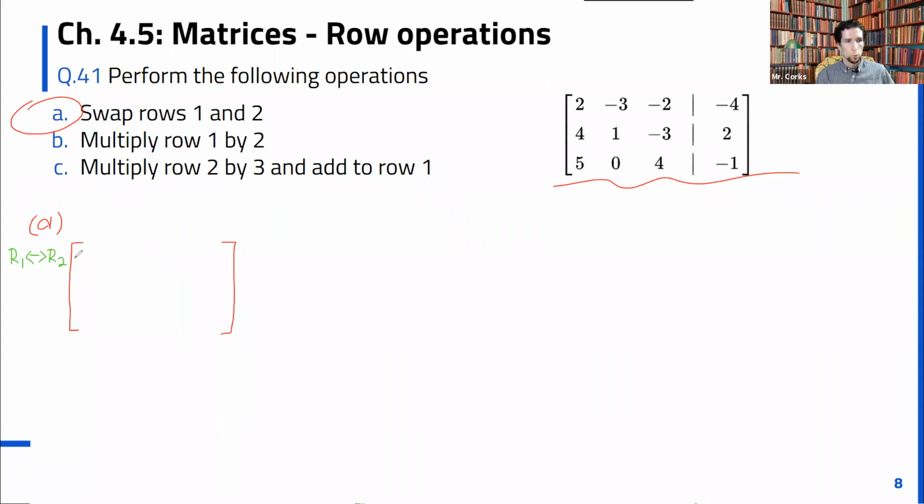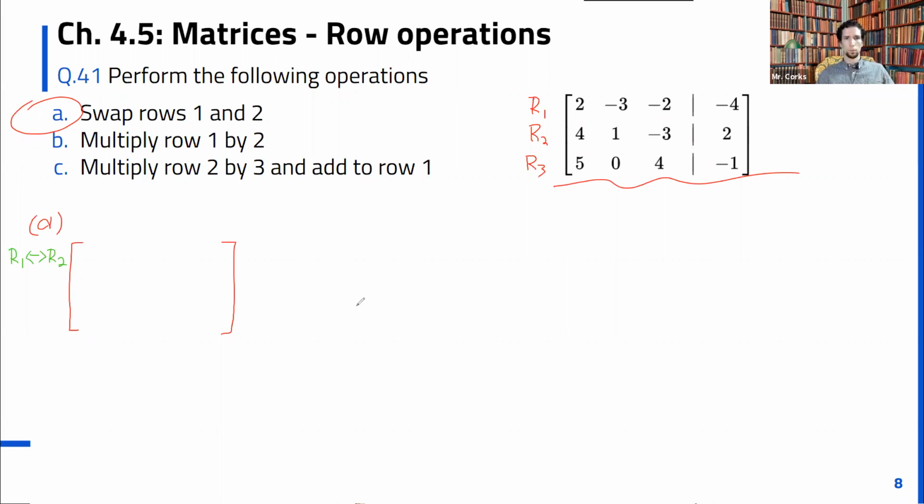Okay. So what is our new row 1? Remember, we can put these labels here, row 1, row 2, row 3. After doing this operation, what is our new row 1?